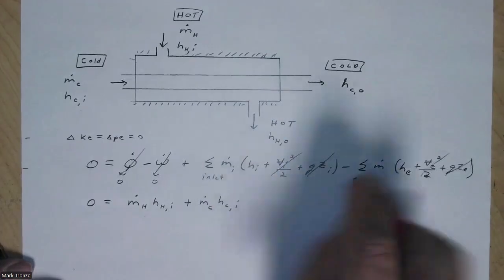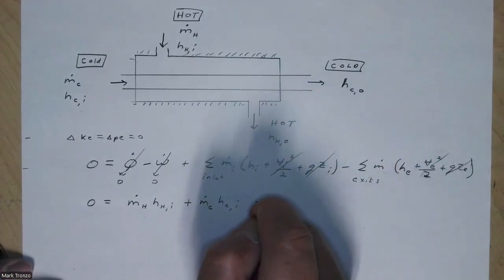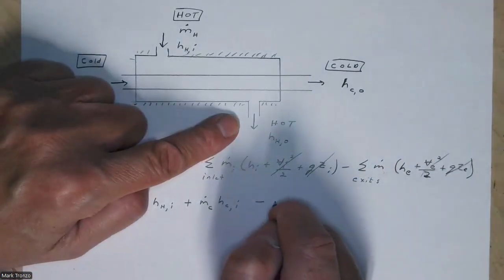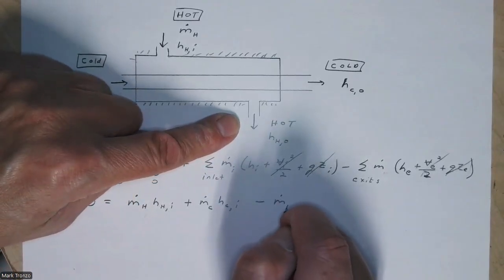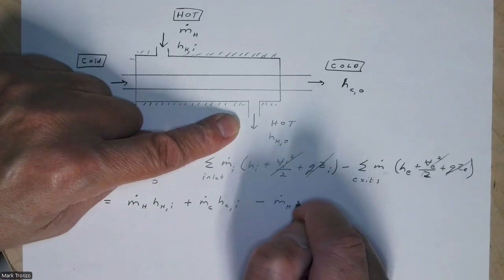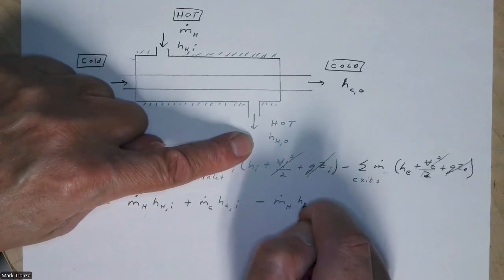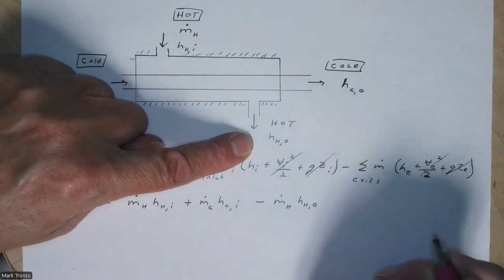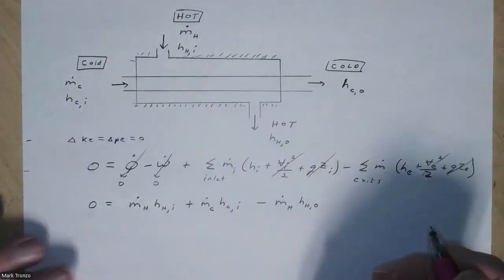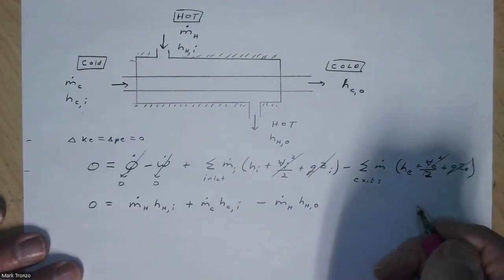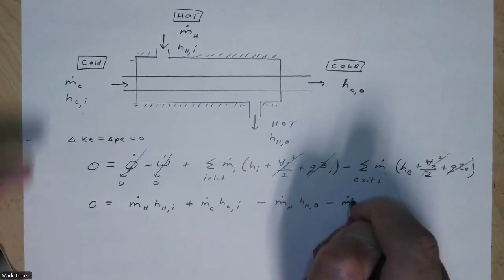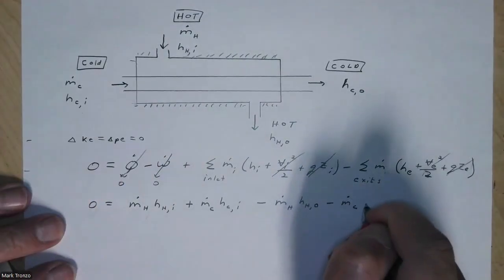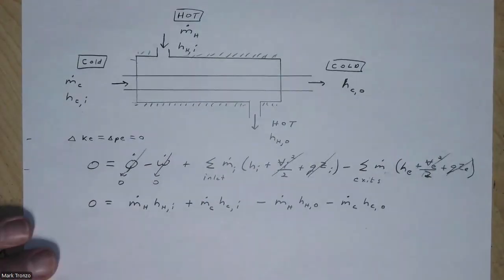Then for the outlets, we'll subtract those. The outlet here is M dot H times HHO, and the outlet for the cold is M dot C times HCO, like this.